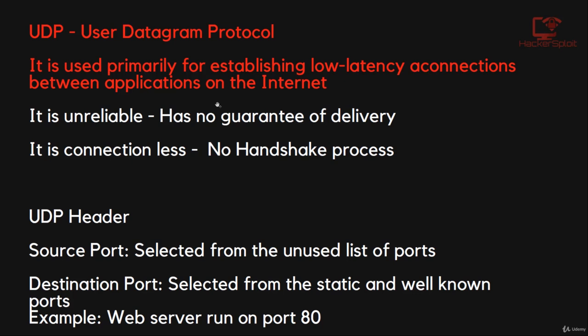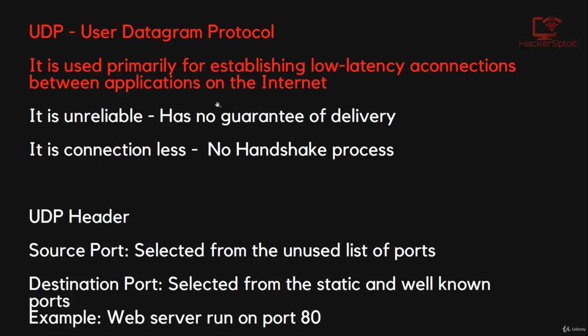Now looking at the UDP header, we have our source port and our destination port. The UDP protocol, as I said, is used for low latency connections. So the source port that it will be leaving from will use a range of ports that is not very commonly used, like port 4000, etc. And finally, the destination port is going to be selected from a static and well-known list of ports.